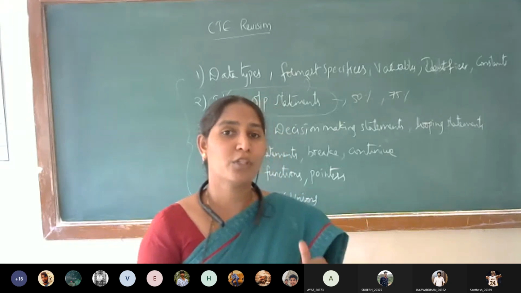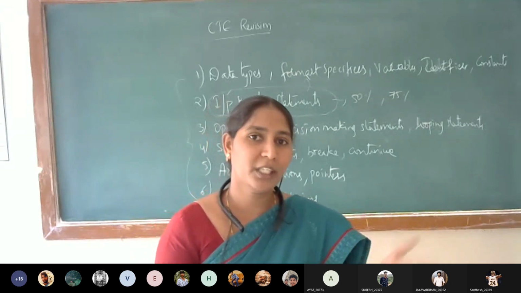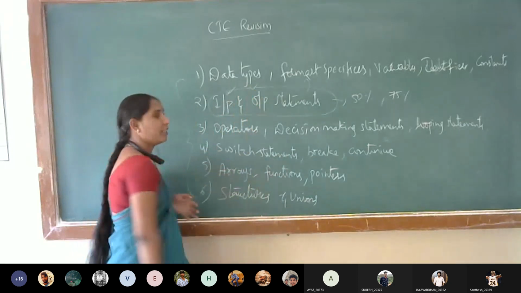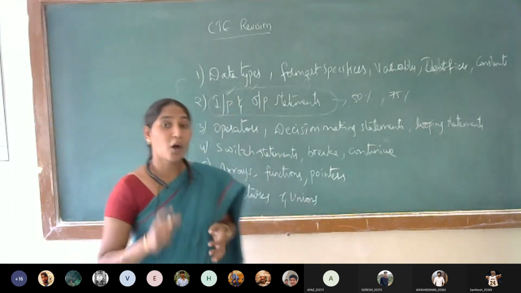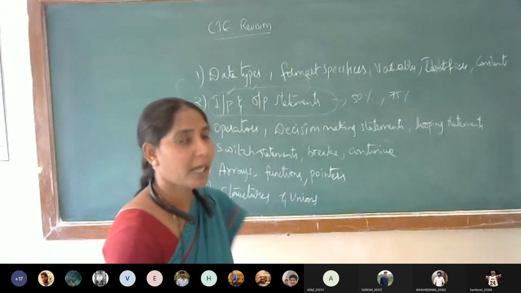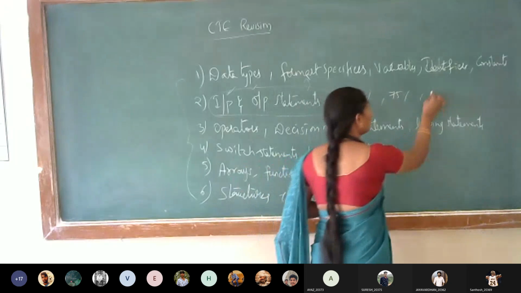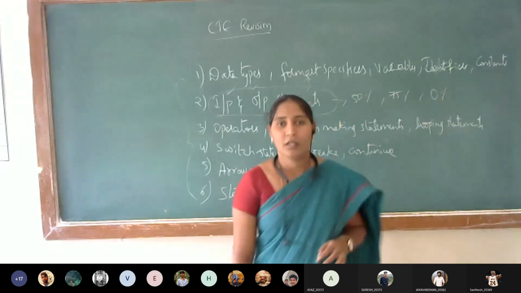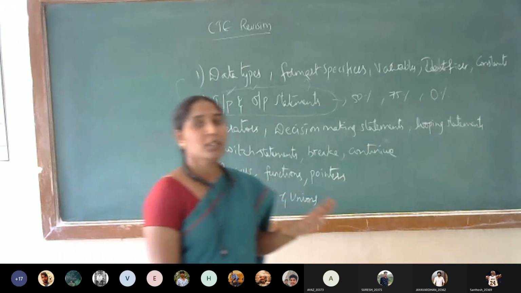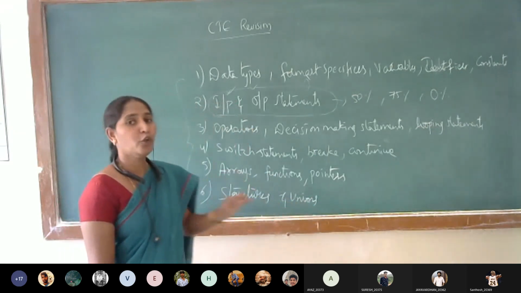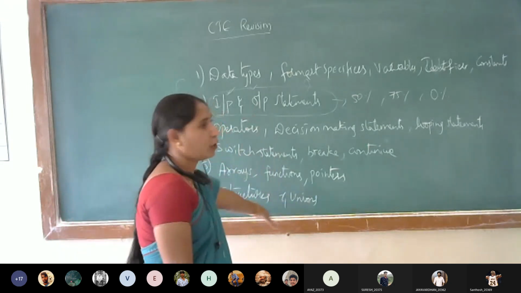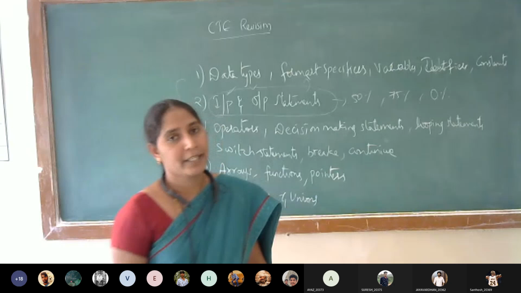In some cases, you give the printf and scanf statements correctly, meaning the input and output are correct, but the logic of the program is missed. In that case you will get 0% execution. So in today's session we'll see the different concepts you have learned in this CTE, and we'll try to execute them here.